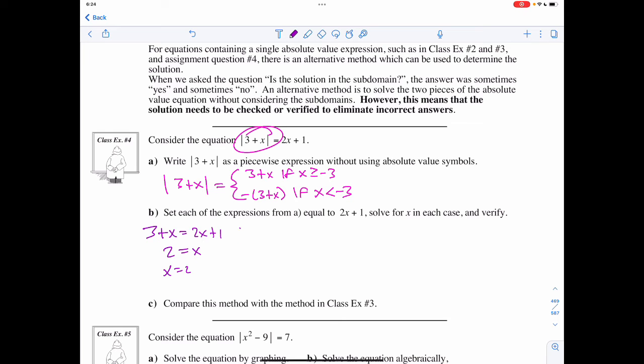The absolute value of 3 plus 2 is equal to 2 times 2 plus 1. This would be the absolute value of 5 is equal to 4 plus 1. The absolute value of 5 is 5. 4 plus 1 is 5. And we know that that works.